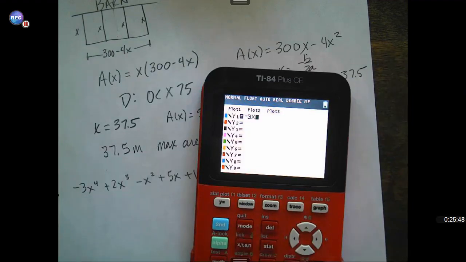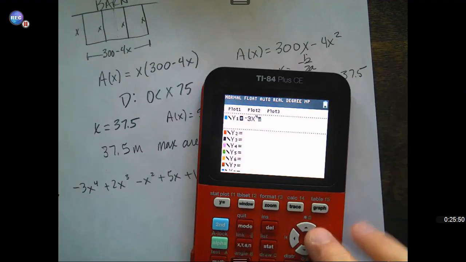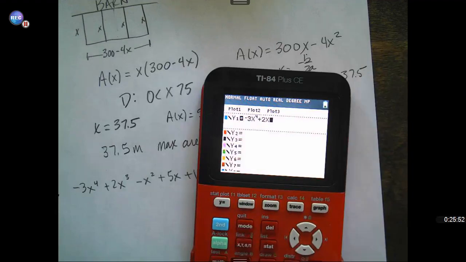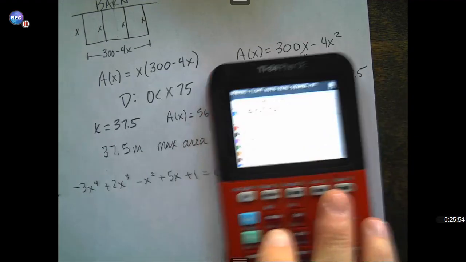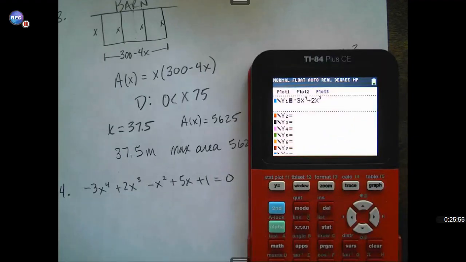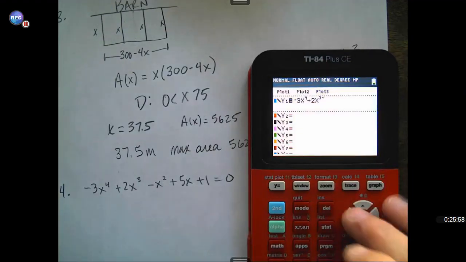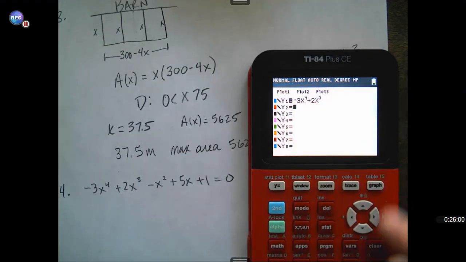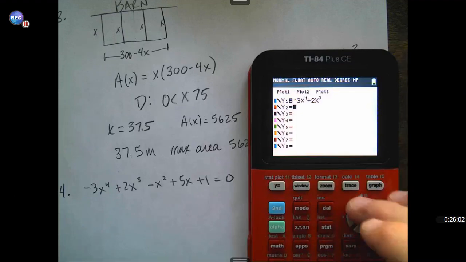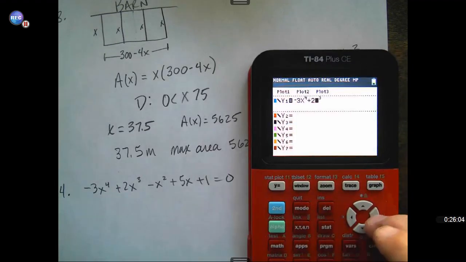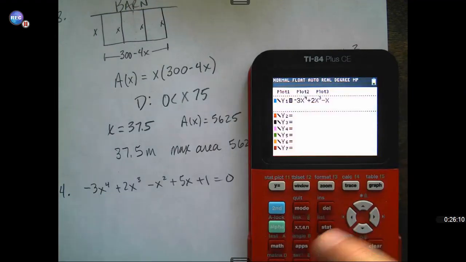Negative 3x to the 4th plus 2x to the 3rd minus x squared plus 5x plus 1.